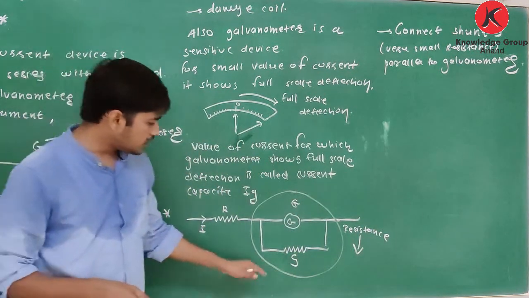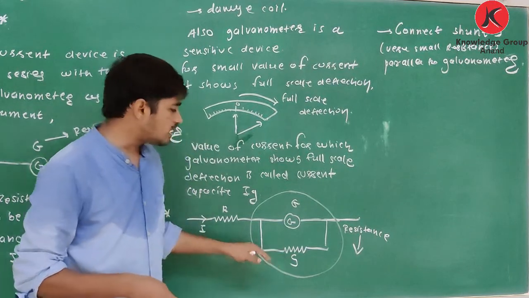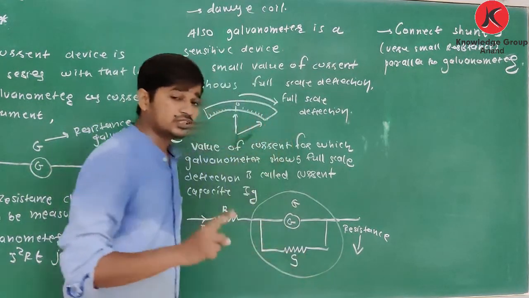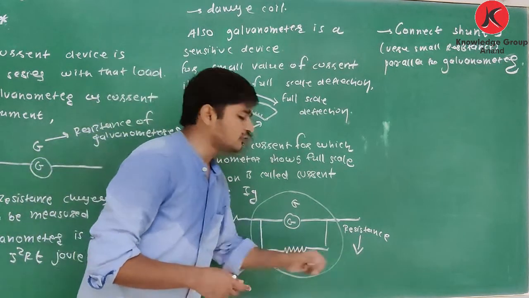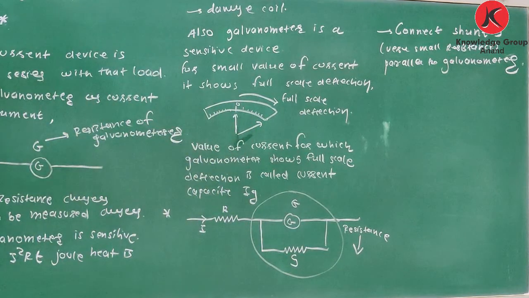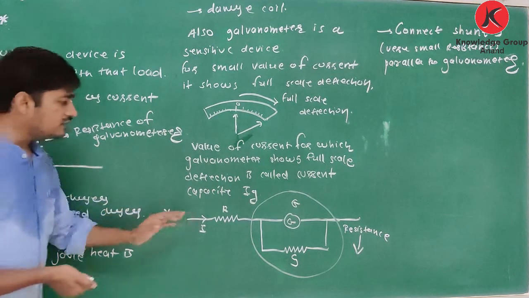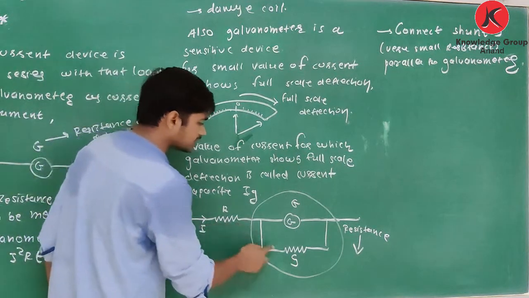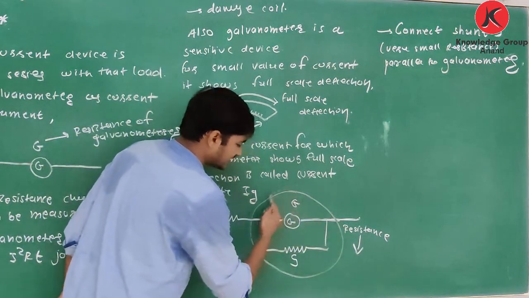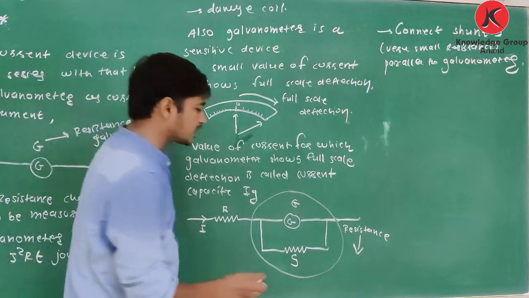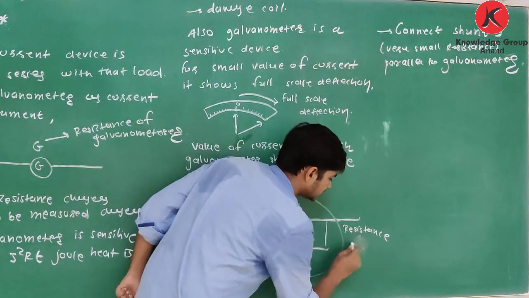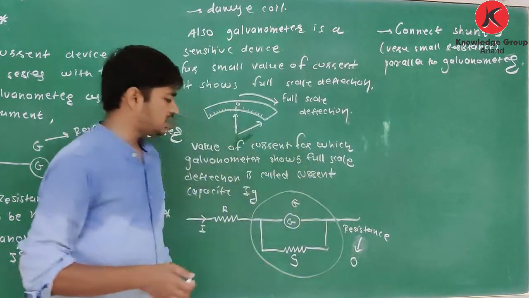And if I am taking the value of shunt very small, then this resistance becomes nearly zero. Then obviously, initially resistance is R. If we connect only the galvanometer, then R plus G, resistance changes, so the current to be measured changes. But now in this case, it is R plus its resistance. Its resistance is almost or near to zero. It tends to zero. Clear about this?